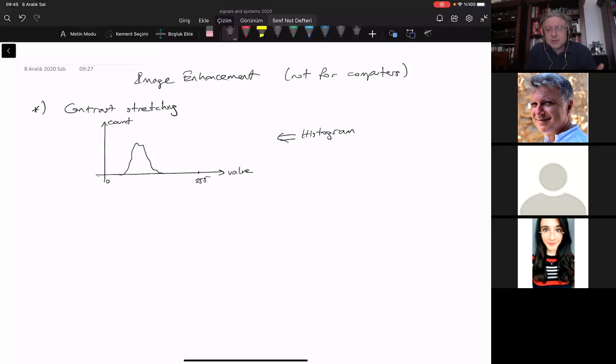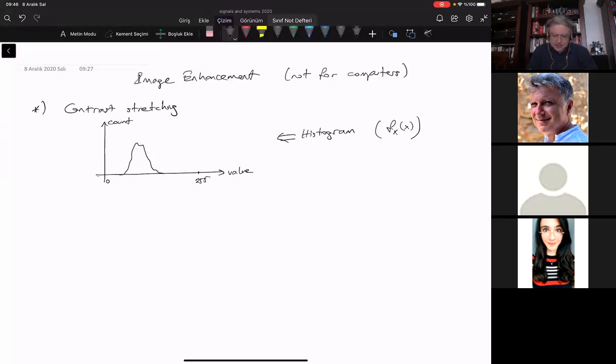So it's a counting phenomenon. After proper normalization, it corresponds to the probability density function of your two-dimensional function, your image. It's the probability density. All right, so this is your histogram.